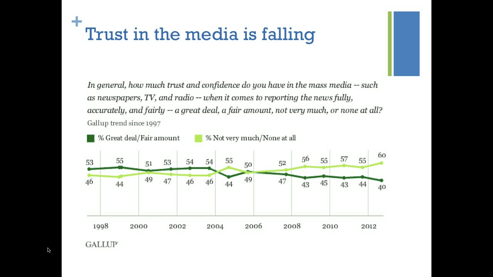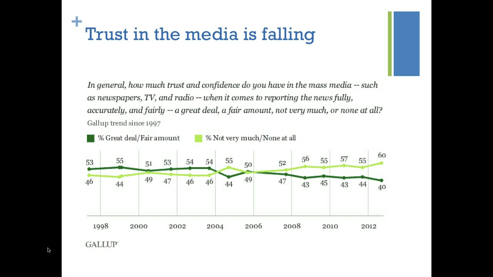And so we can see in 1998, 53% of people that were polled by the Gallup poll organization had said that they had confidence in mass media such as newspapers, TV, and radio. And we can see that that number dropped to 40% in 2012.